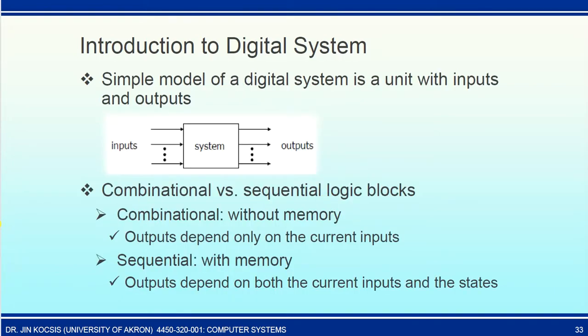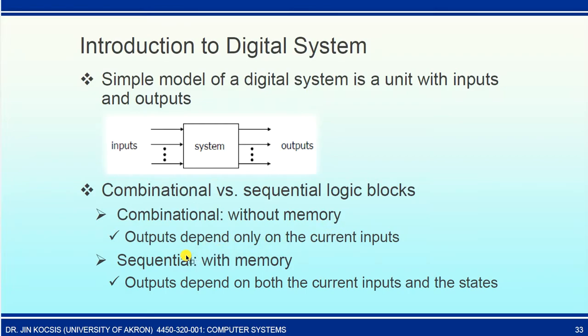Okay, again, as I just mentioned, based on whether the component has a state or not, we will classify it as a combinational component or a sequential component. If it is a combinational component, it does not have memory, so the output is determined only by the current inputs.